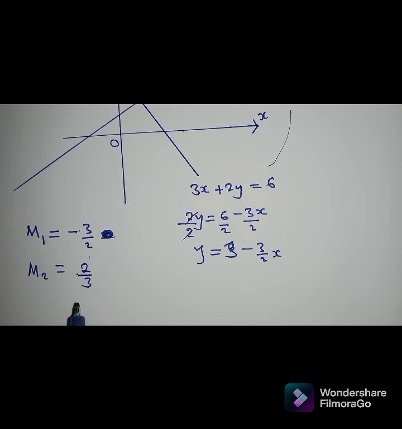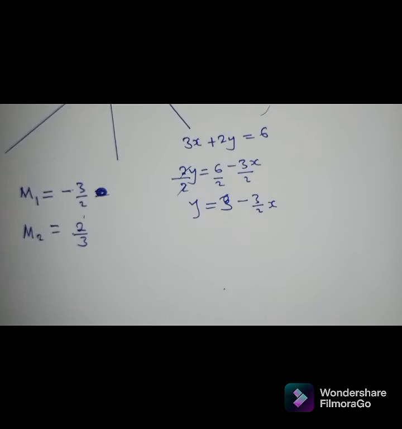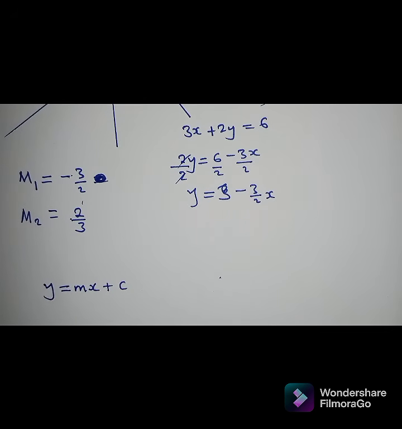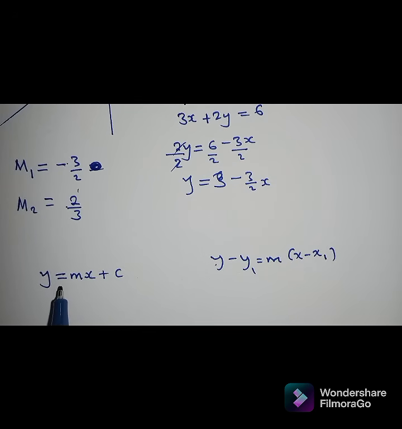Now you can use the formula for finding the equation of a straight line, like this, or you can use the other one, which goes like this. Whichever you feel comfortable working with.